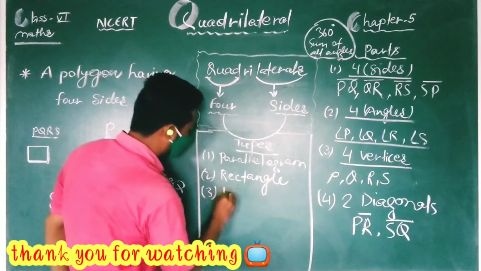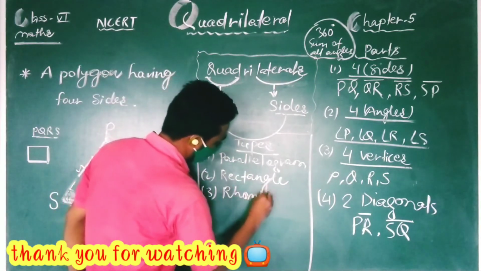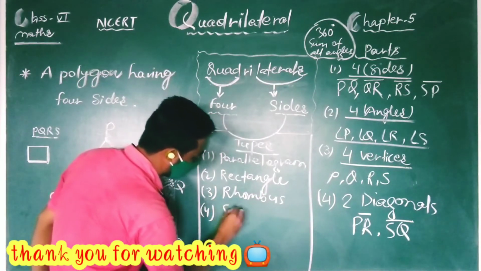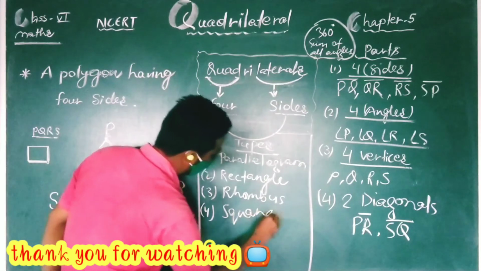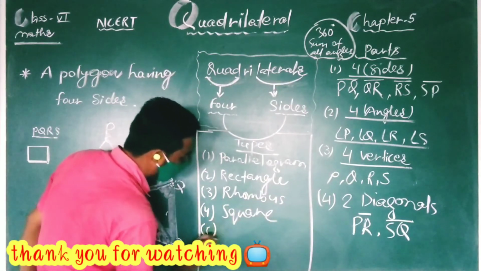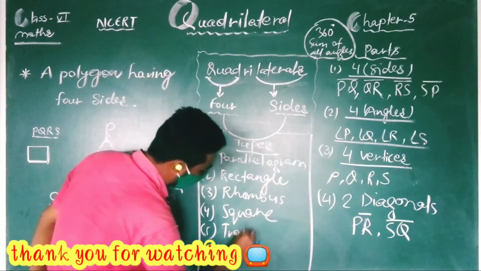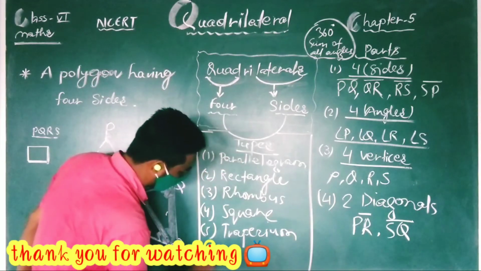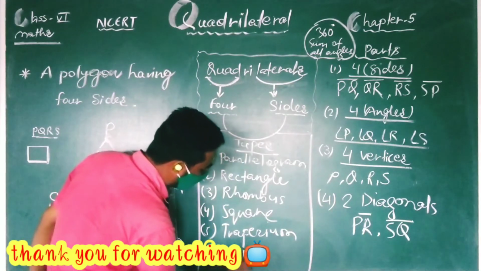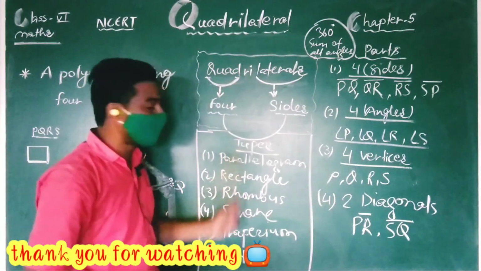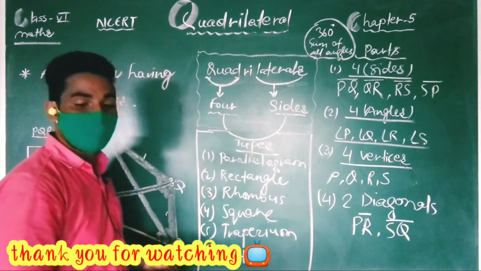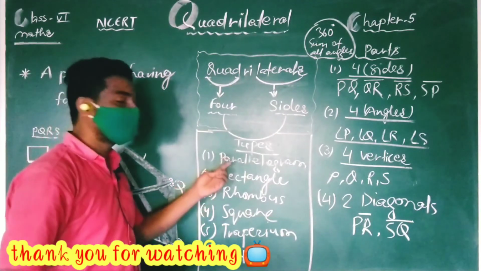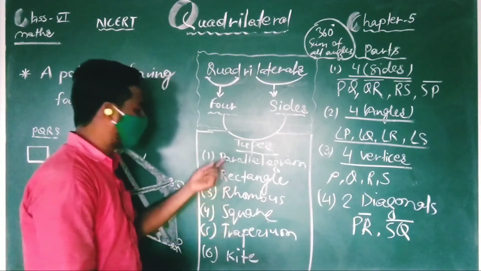The third is the rhombus. The fourth is the square. The fifth is the trapezium. And the sixth is the kite. All these are quadrilaterals, meaning they have 4 sides only, but they have different special properties. That is why they are named differently: parallelogram, rectangle.